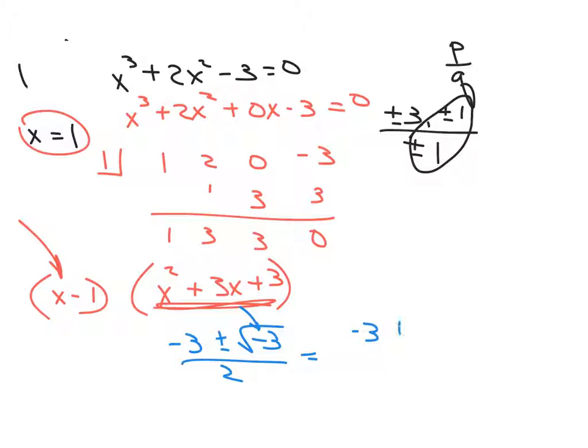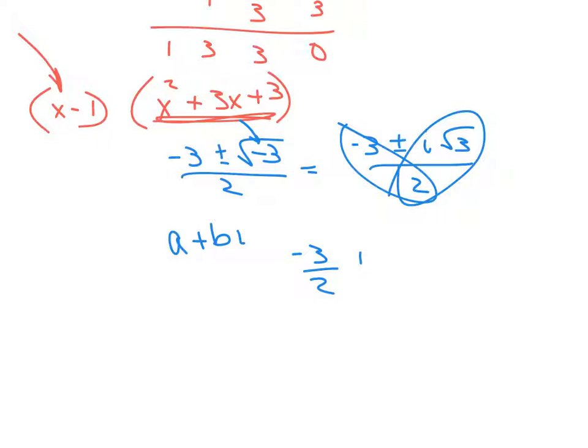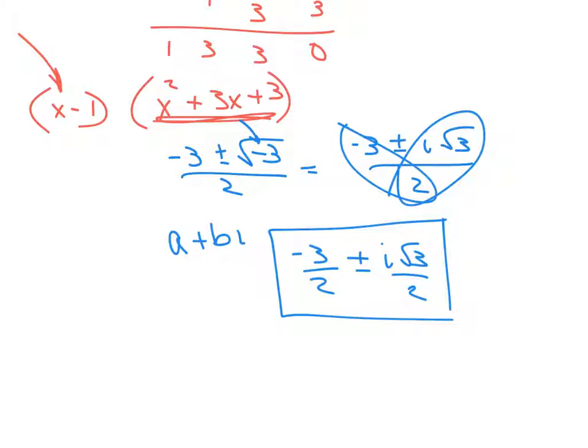Negative 3 plus or minus i square root of 3 all over 2. And again, because it's imaginary, we have to put this in the form a plus bi. So we're going to have to pull these apart. So we've got negative 3 halves plus or minus i square root of 3 over 2. Okay, so that is going to be our answer.